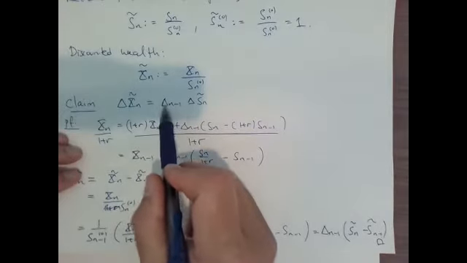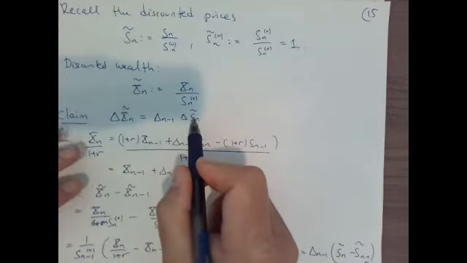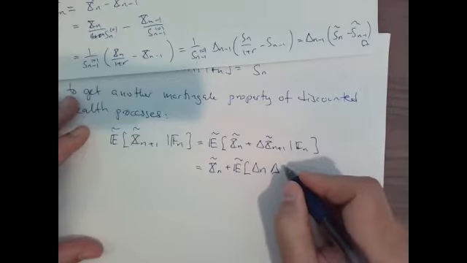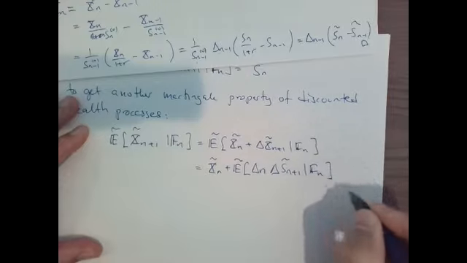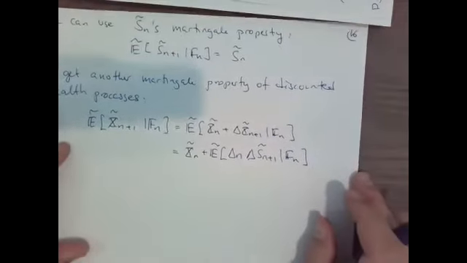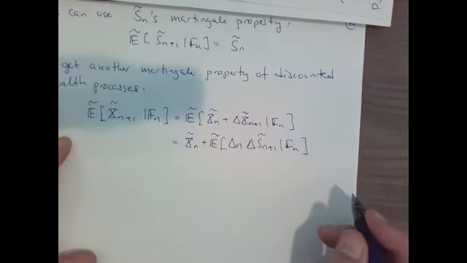I'm going to get delta n times the change in the discounted stock price. So this is the thing we have to compute.